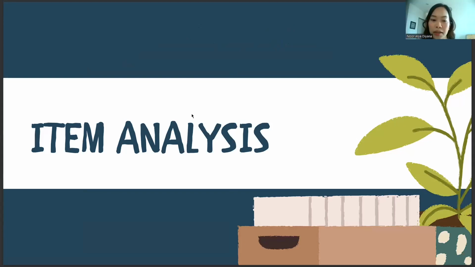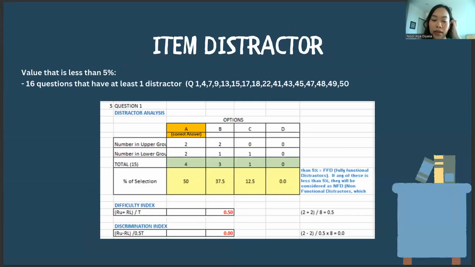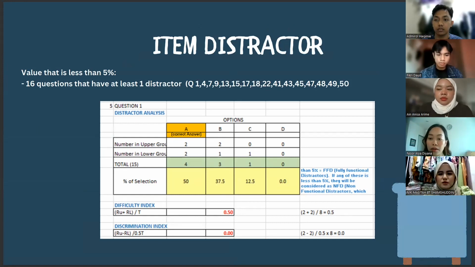So hi, it's me again, ALYA. I'm going to proceed with the item analysis that we did on the 50 questions in the test paper, but we only take the results from the 4 upper level and 4 lower level marks of students from our respondents. So we have 3 main things in this item analysis, which are item distractor, difficulty index, and also discrimination index.